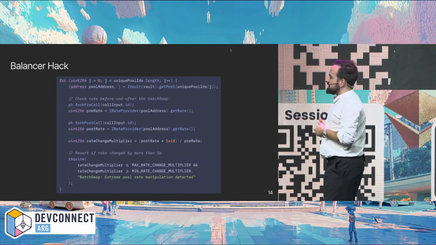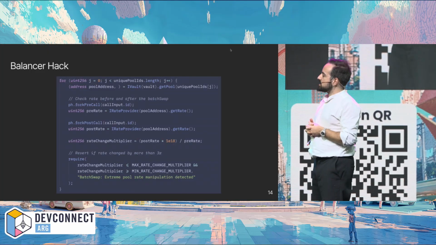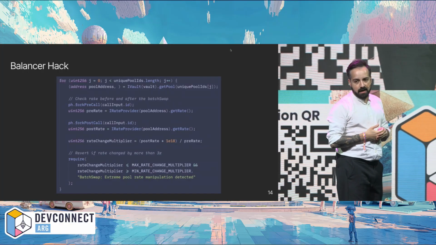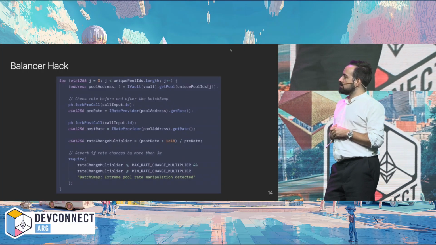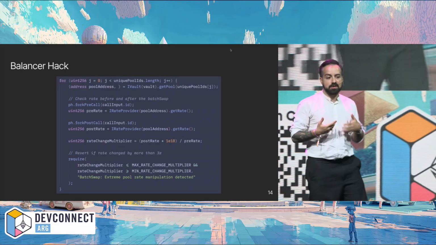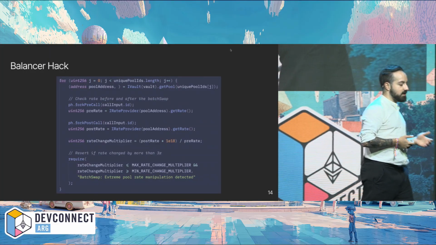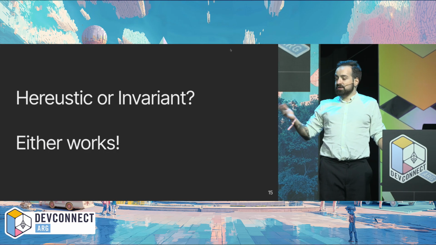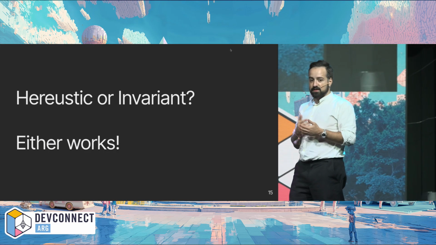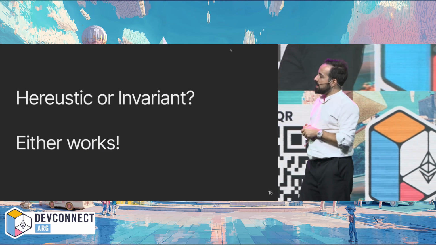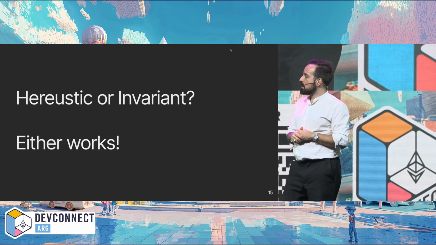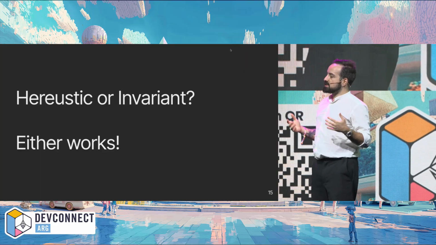The interesting thing here is that when we created this code, we didn't know exactly what the root cause of the hack was. And that was important for us because a core thesis here is that we don't need to know. We just need to identify the property. And I'm sure someone will say, oh, Odysseus, that's a heuristic. That's not a property, that's not an invariant. That's true. In this example, we found a heuristic. But the beautiful thing here is that either works.